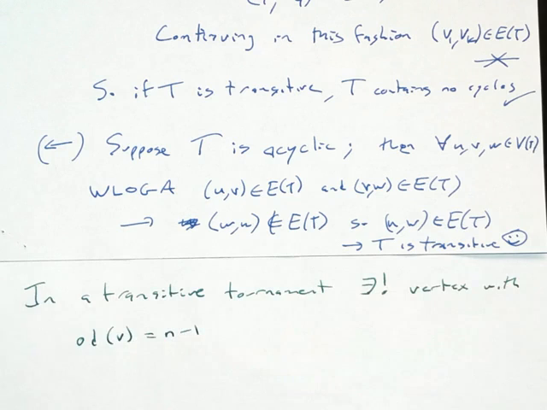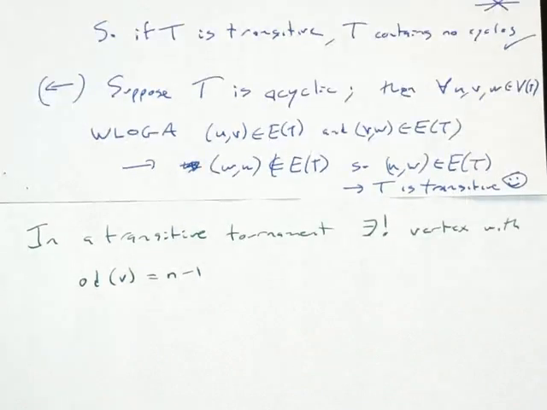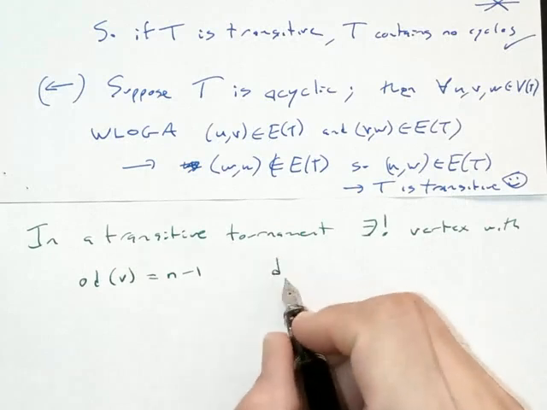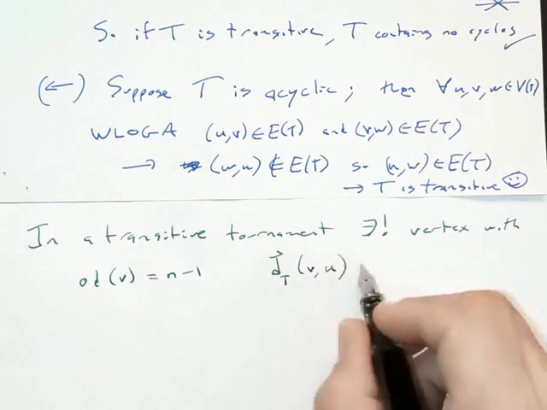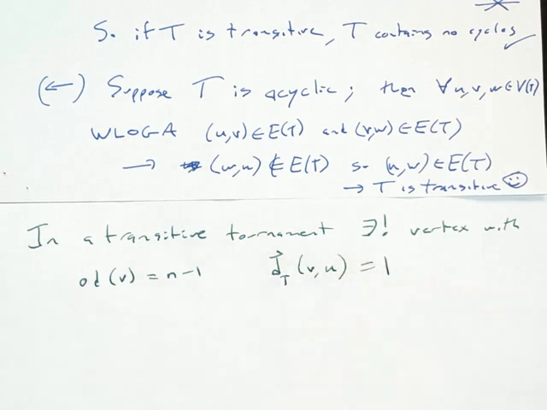So there is a unique vertex of out degree n minus 1. If that's v, then the directed distance from v to anywhere is 1.